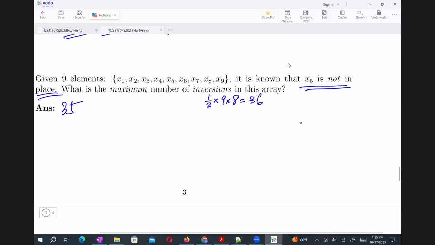But this situation corresponds to descending order. The data is in descending order. When you look at a descending order, X5 is in place.